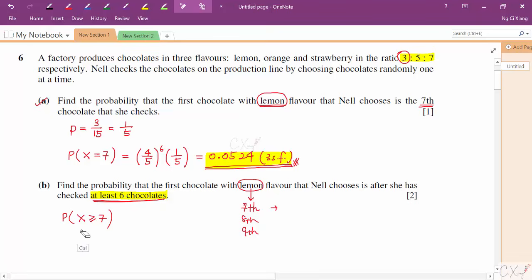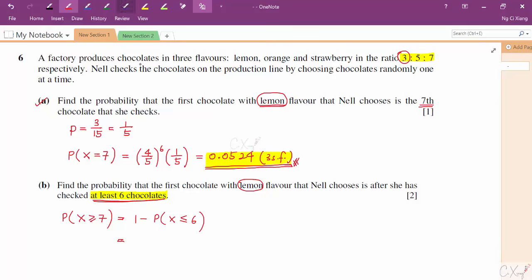So how do we find the probability for x greater than or equal to 7? In a geometric distribution, we can't find the probability straight away because it has unlimited values of x. Therefore, you should take 1 minus the probability of x smaller than or equal to 6.